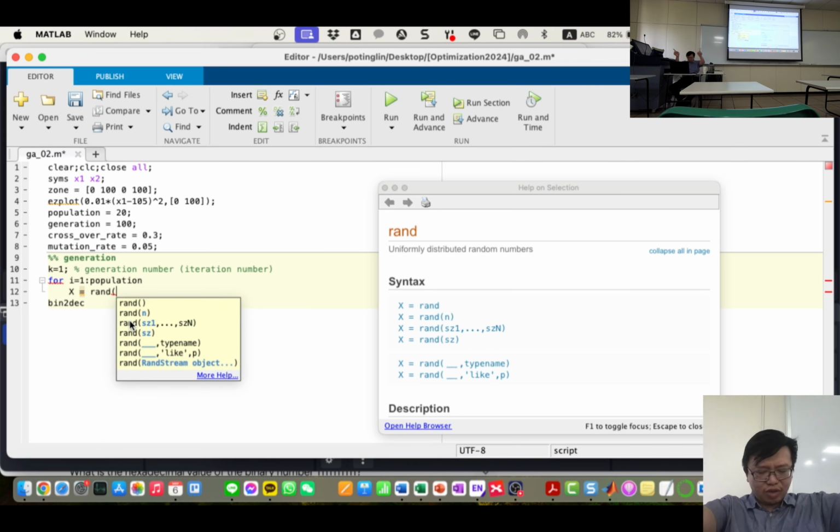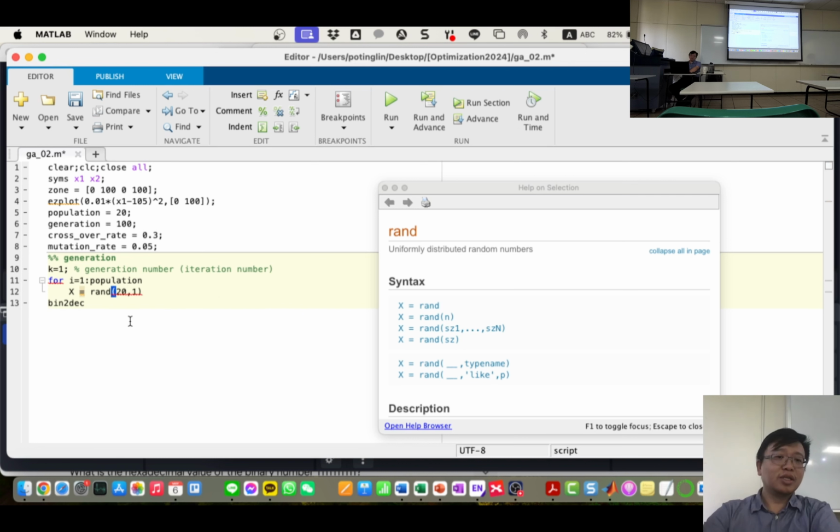Yeah, horizontal 0 and 1s. So 20 of them. If I uniformly generate, they are values from 0 to 1. Then if I do rounding, they will either become 0 or 1. Okay? Just show you.